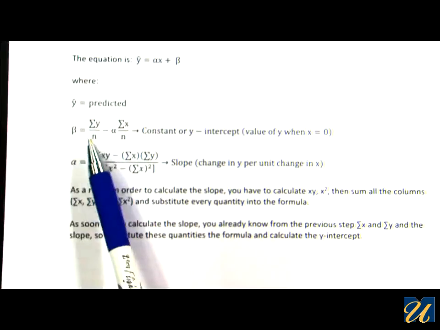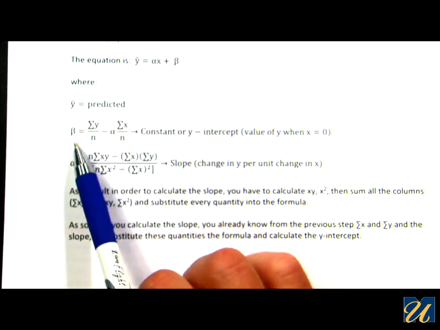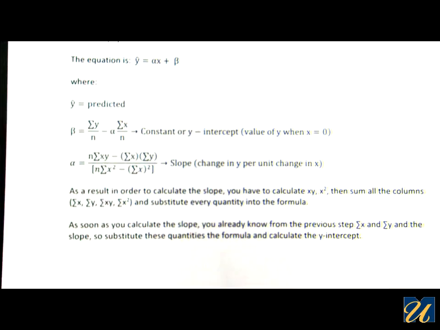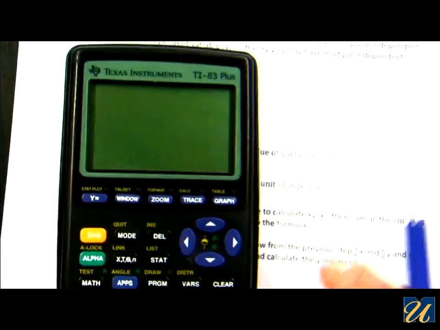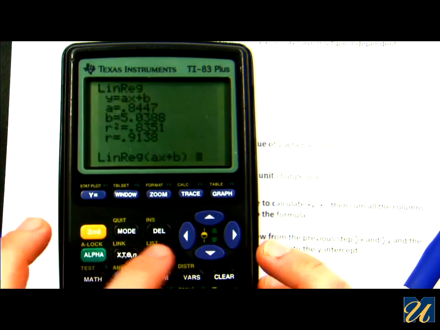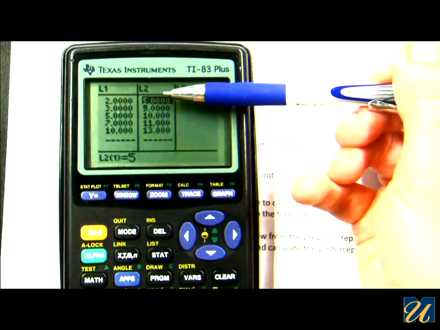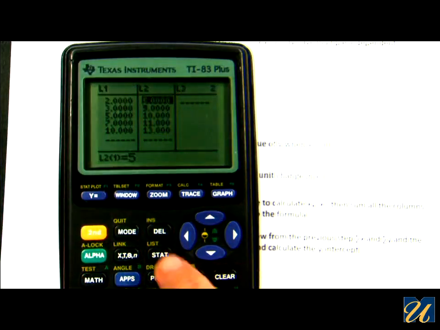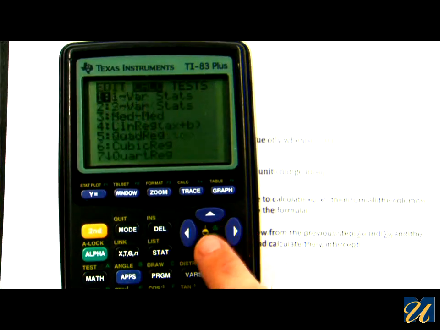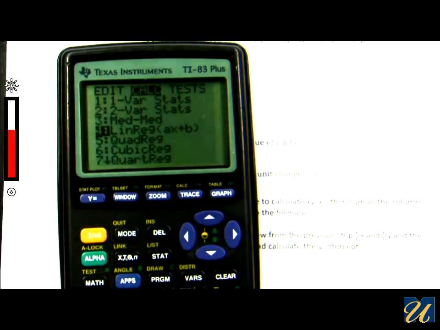You also have the formulas for the slope and the y-intercept that you can calculate by hand, but as we mentioned before, the easiest way is to go to stat, enter x, y values, you go to stat, calc, and then you go to number 4. Let me just adjust the lighting.